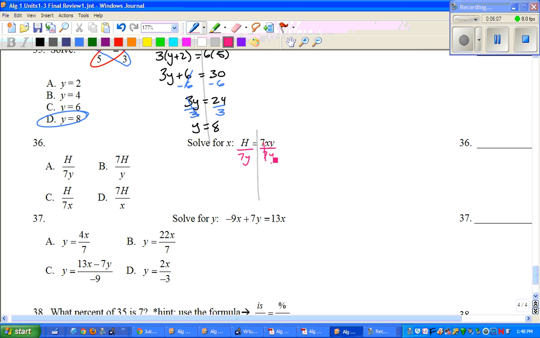And what you do to one side, you have to do to the other. So when you're left with x equals h over 7y, then all you have to do is match them up. If you want to eliminate some ones first, we can get rid of B and D. And then our answer is C.